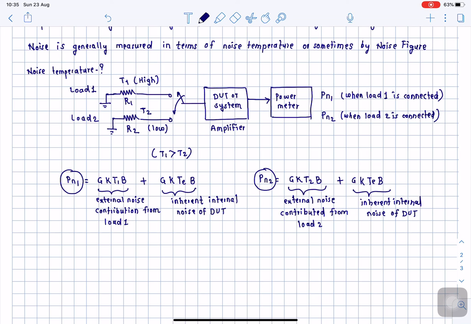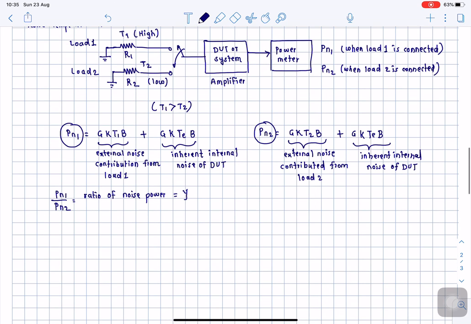Okay, so if we take the ratio of these two equations, the ratio of Pn1 to Pn2, this ratio of noise power we denote as capital Y, and this capital Y we call the Y factor.